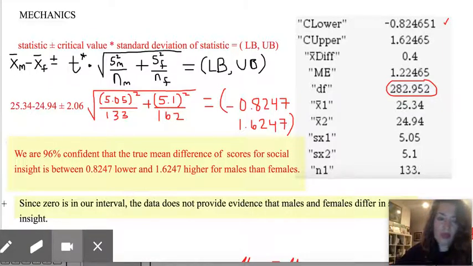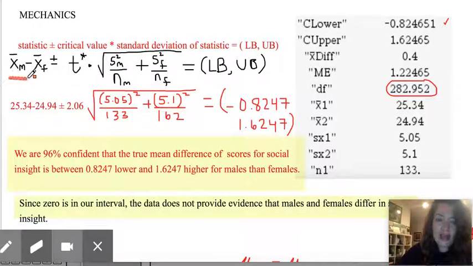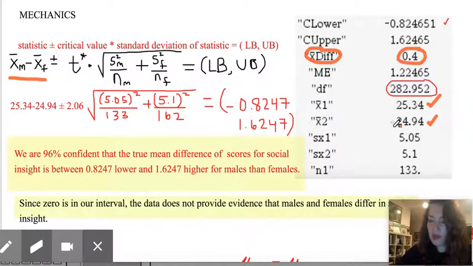Remember, the statistic right here is actually the difference of your 2 sample means. We are given that the first one is 25.34 minus the second one, 24.94. If you subtracted that, you would get that the mean difference is 0.4. That's subtracting both means, plus or minus our critical value, which is 2.06.